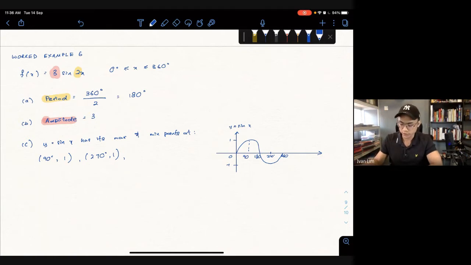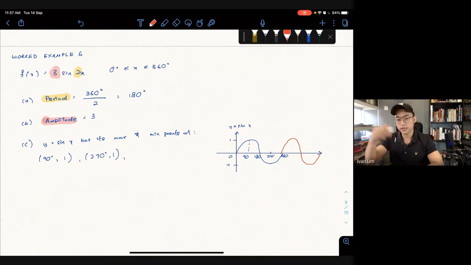Basically, they are expanding one more cycle. Because your sine graph keeps going on and on, later on you need to fit 2 cycles within 360 degrees, because it's sine 2x.